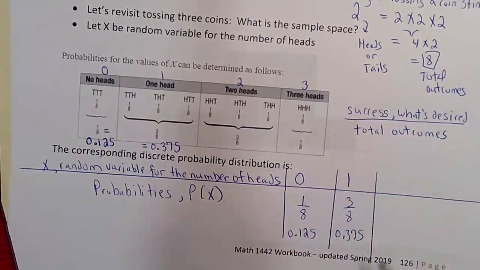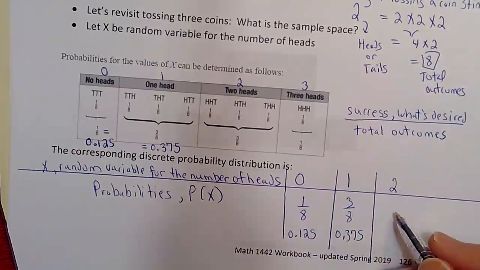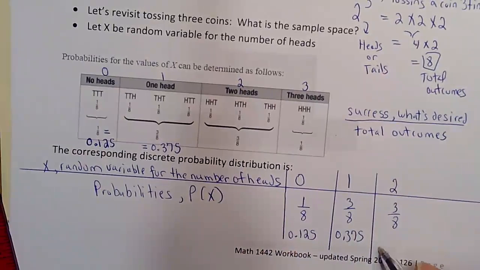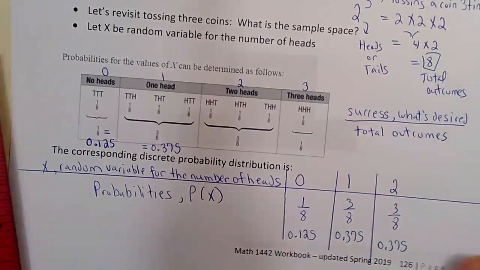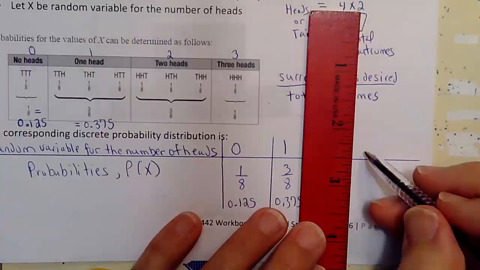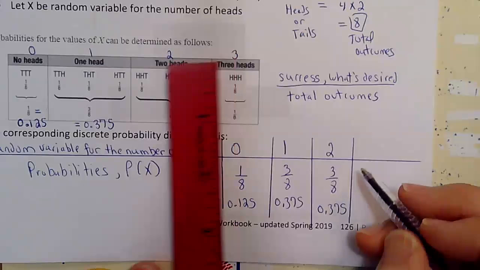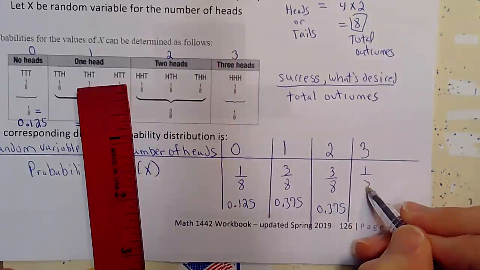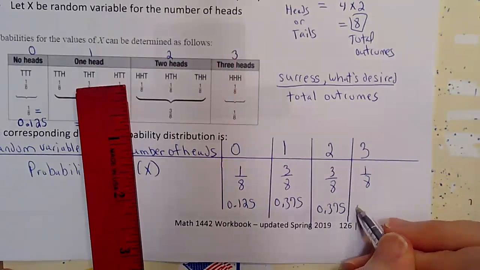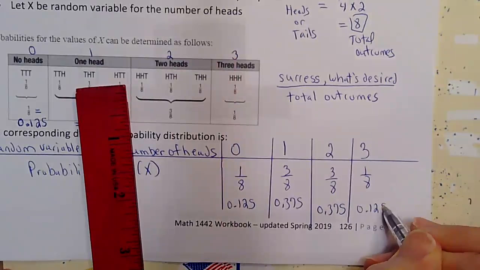And then we had 2, that was also 3 out of 8. And then the last one was 3, and that was 1 out of 8. Okay.